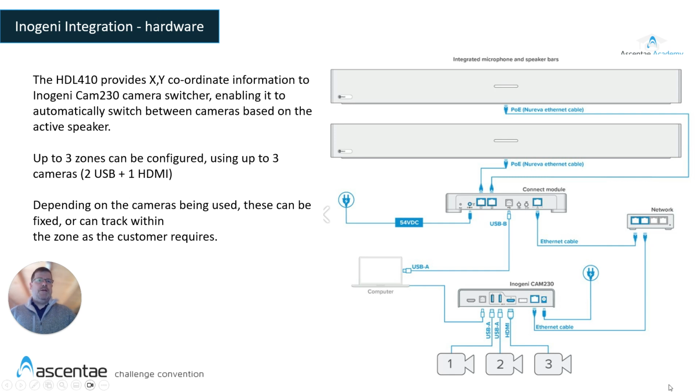We have 2 USB and we have a HDMI cable. The Inagini is attached to the same network as the HDL410, and this is important. Both devices must be directly connected to the network. And that is the basic physical installation.